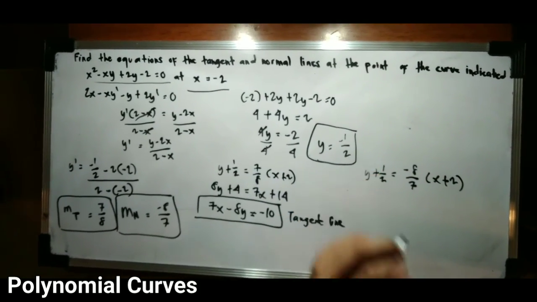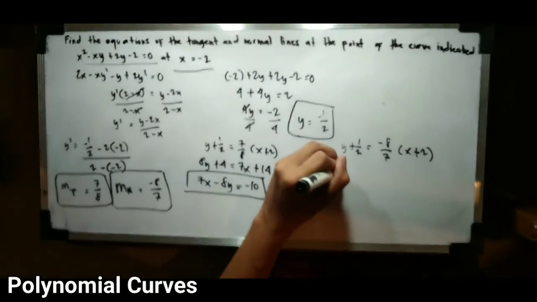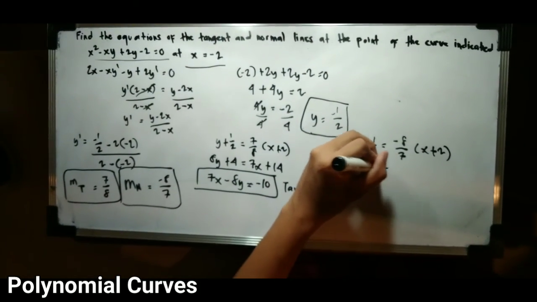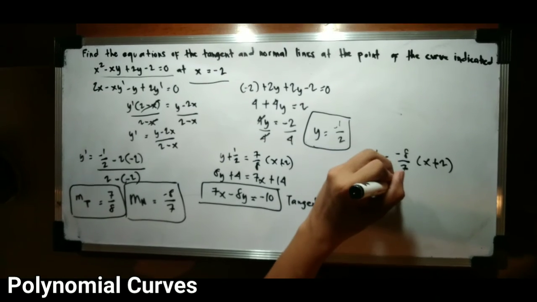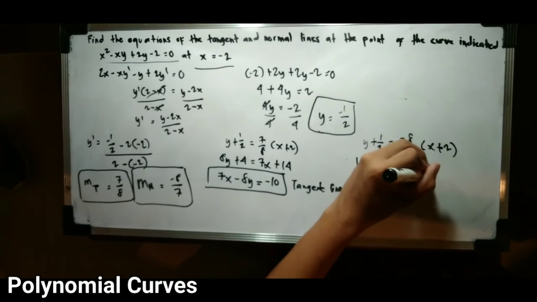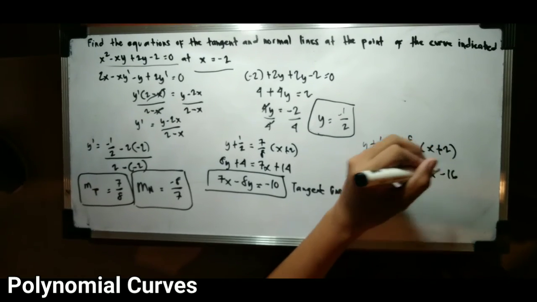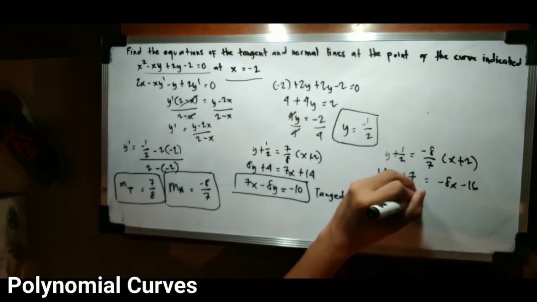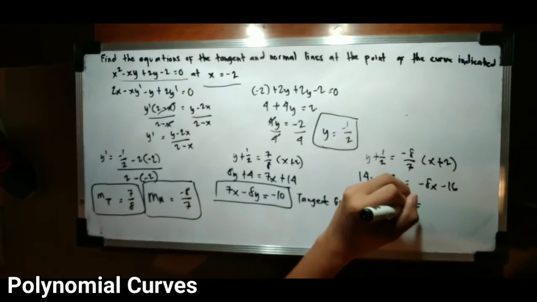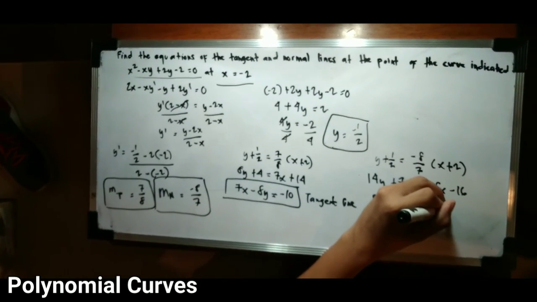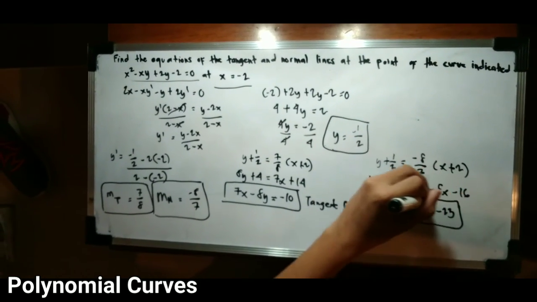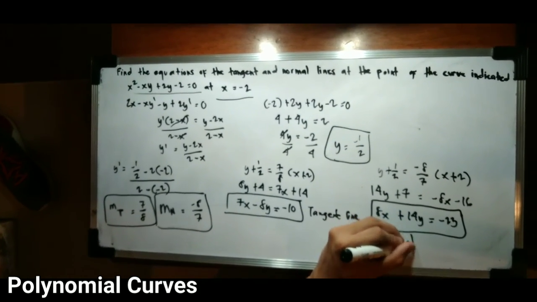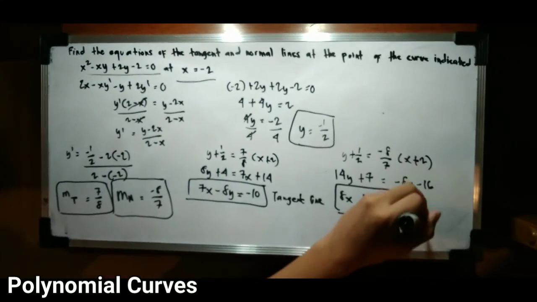Then we will multiply this equation by 14 so that the fraction will be removed and it's easier to solve. 14y plus 7 equals negative 8x minus 16. So to simplify this further, we will get 8x plus 14y equals negative 23. So this is now our equation for our normal line.